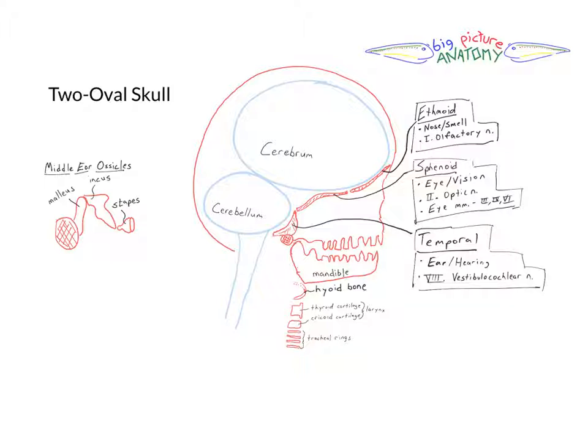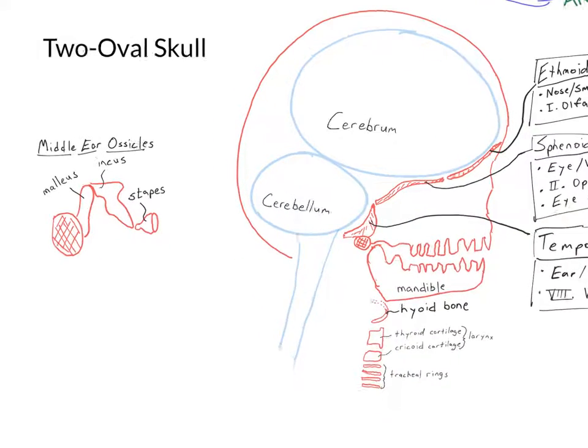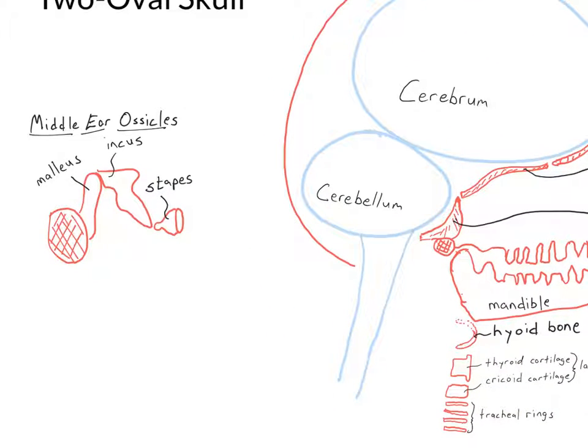Notice that if we follow the upper teeth directly posteriorly, we arrive to that external auditory opening or external acoustic meatus, which in life is covered over by the eardrum. Over here, I've expanded that out so we can take a closer look at it. And this is where we can see those middle ear ossicles, which are located directly behind the external auditory opening or covered over in life by the eardrum.